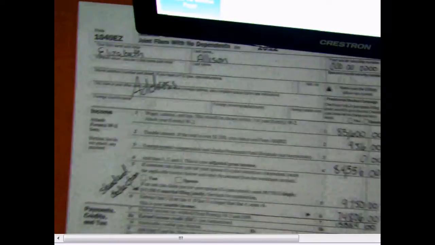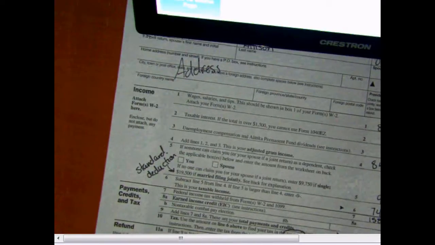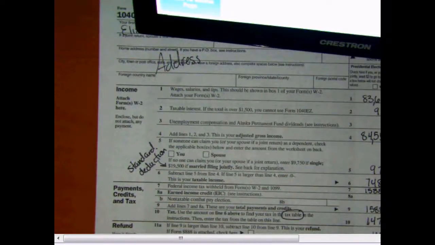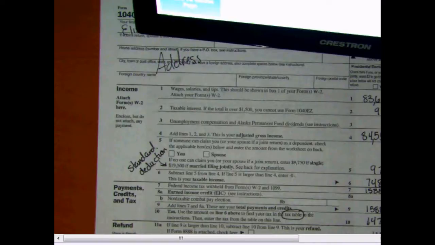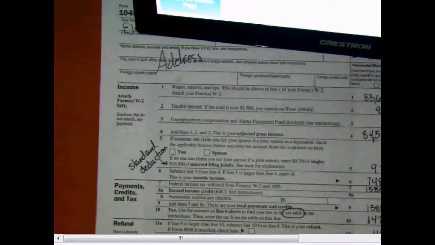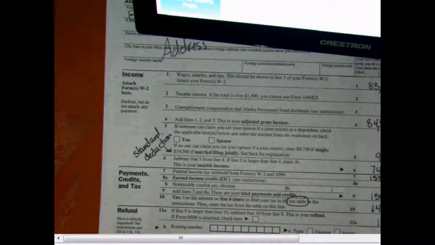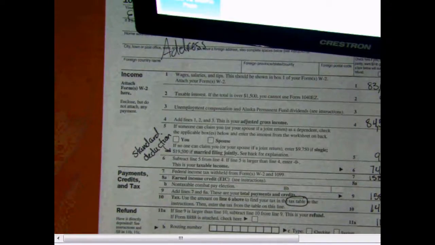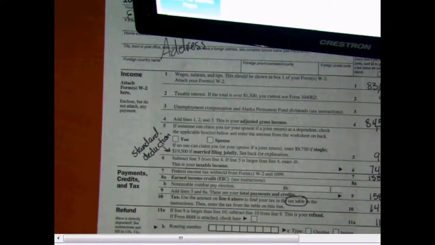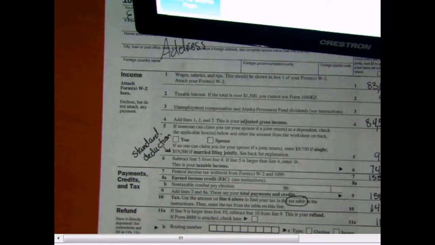She gets a refund. And then the rest of this, if you want it direct deposited, the bank information goes there. She has to sign it. If somebody else did her taxes for her, that's like if you go to H&R Block or something and they do your taxes for you, they'd have to sign there. Oh no, sorry, that's paid preparers use.